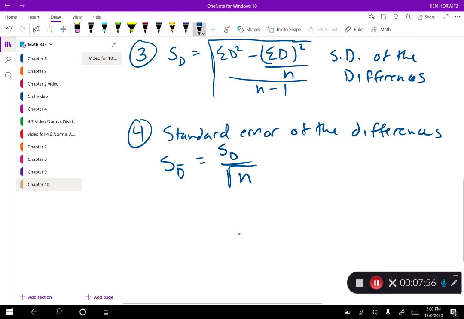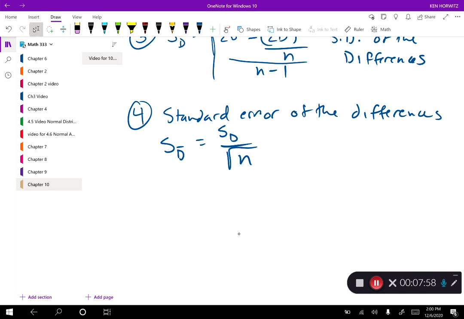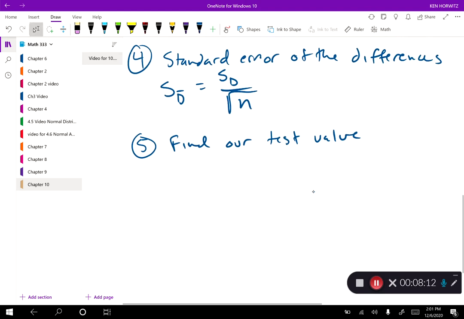All right, and then our fifth step is going to be to find our test value. Because our sample sizes are small, just like we did with our confidence intervals, we're going to look in our t distribution. So it's going to be a t.